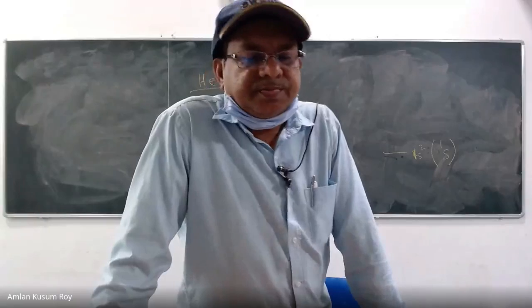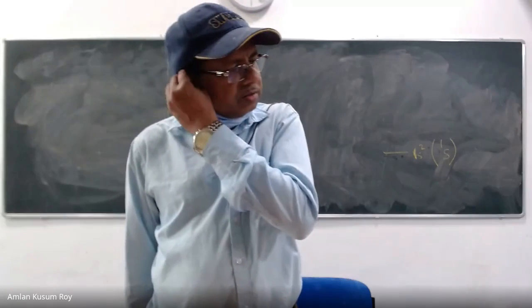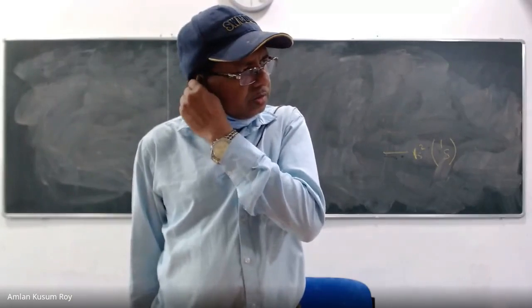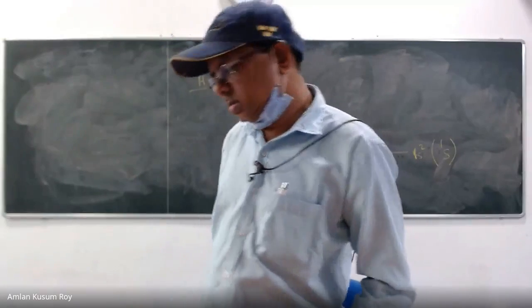So for H0, the potential energy is the attraction term between the electron and the nucleus. And for the H prime, it will be for the repulsion between the electrons. And why? That's right. But why? Why do not I do the other way?